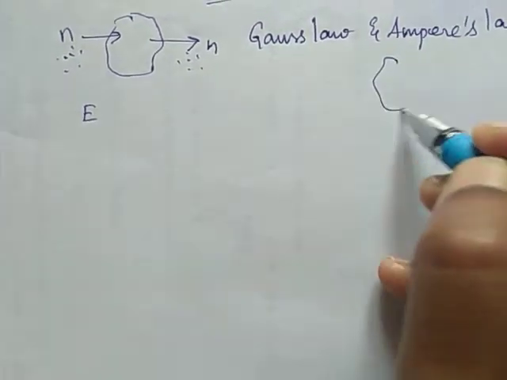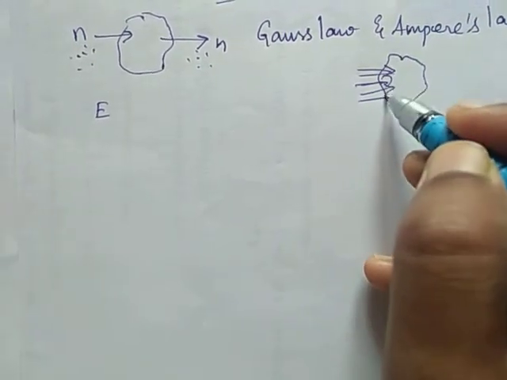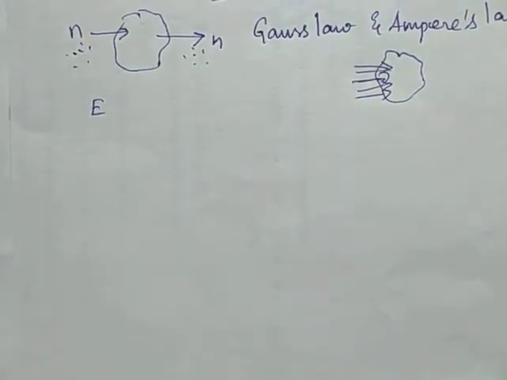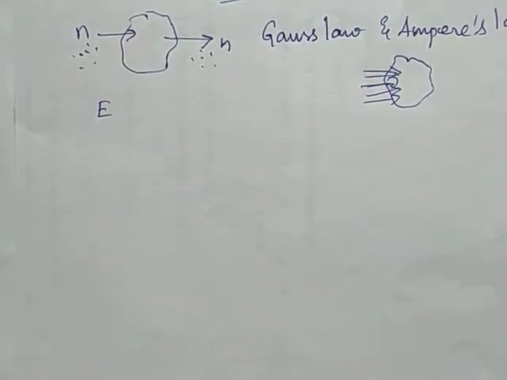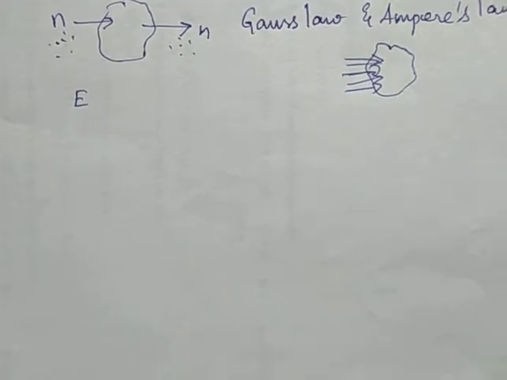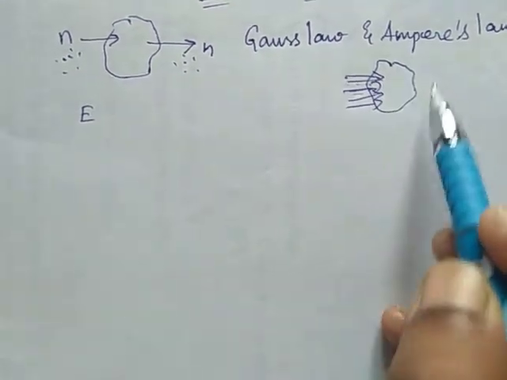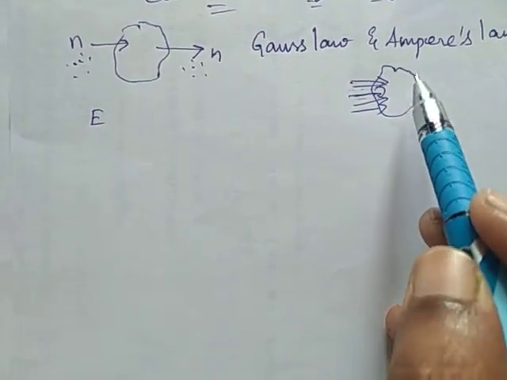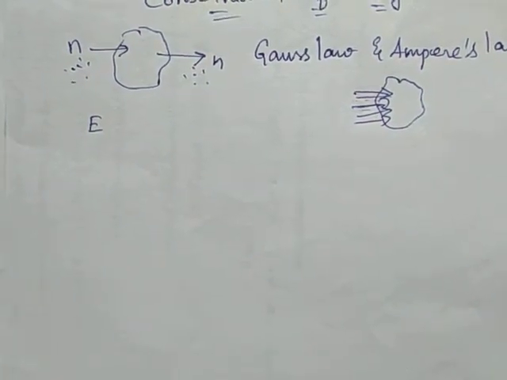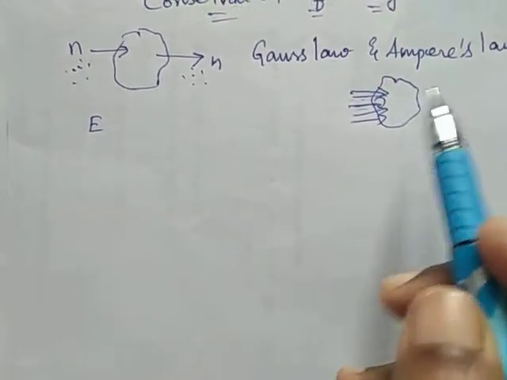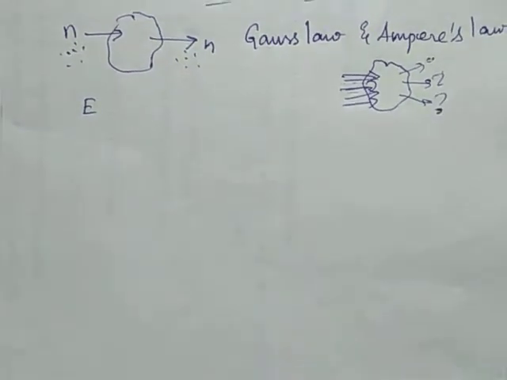If we consider a closed surface, the amount of electric flux through it is directly proportional to the total amount of charge enclosed within the surface. Because it is closed, there is no point of leakage.